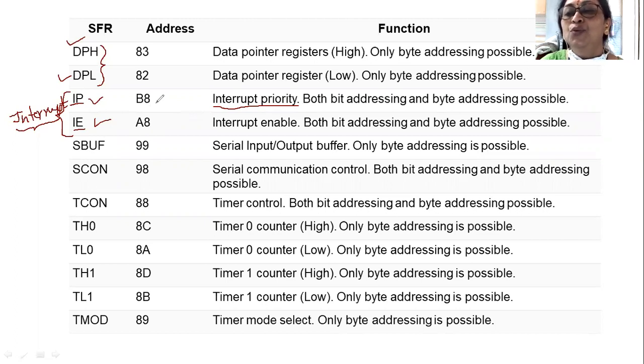Suppose two interrupt signals are simultaneously raised, then which interrupt signal should be addressed by the central processing unit? This is the question, isn't it? Because we have studied that there are 5 types of interrupts in 8051. It may happen that out of these 5 interrupts, more than one may be raised at a time.